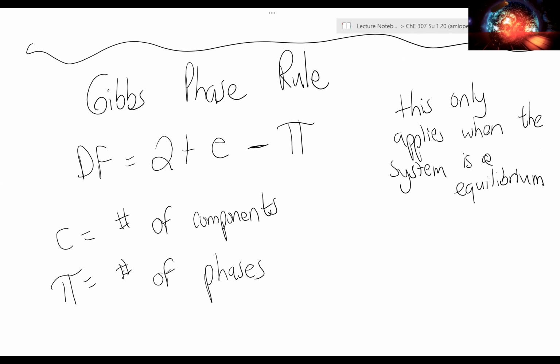Equilibrium means the number of moles of species between phases is not changing with time. For example, if I have a glass of acetone open to the air, the acetone over time is just going to all vaporize.